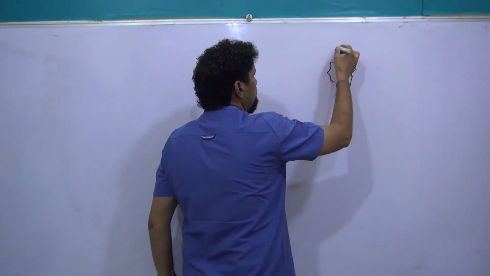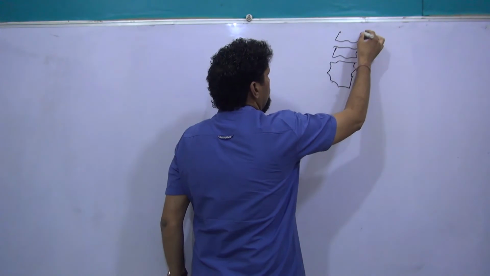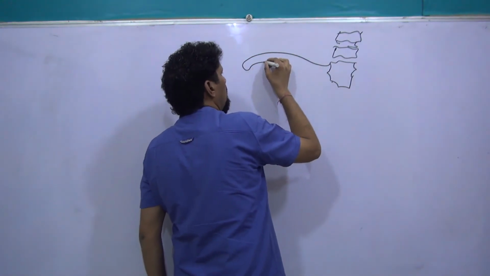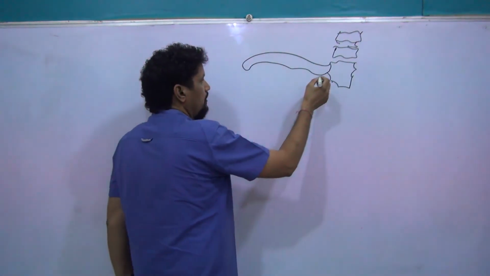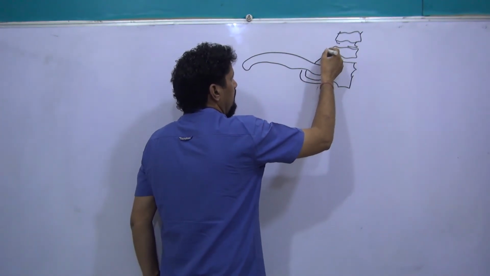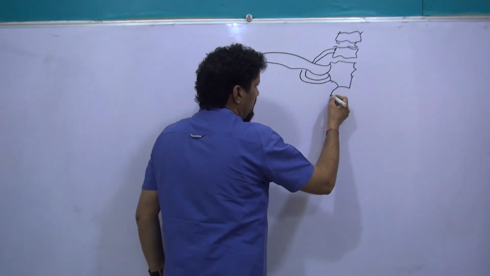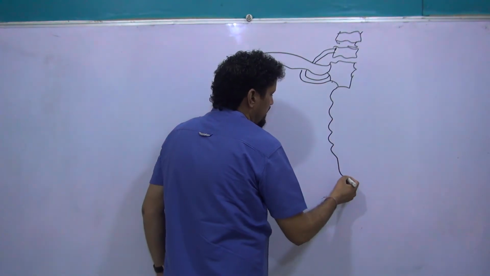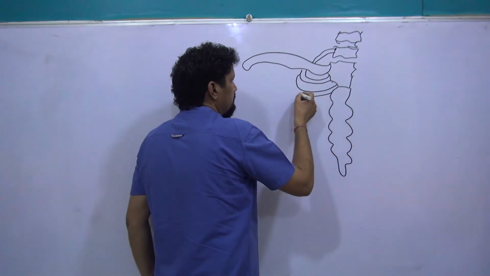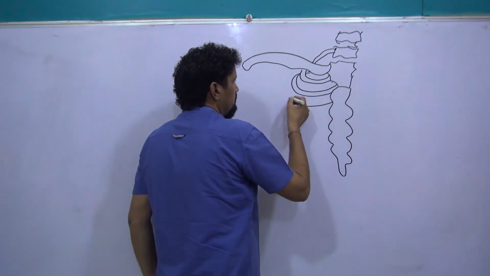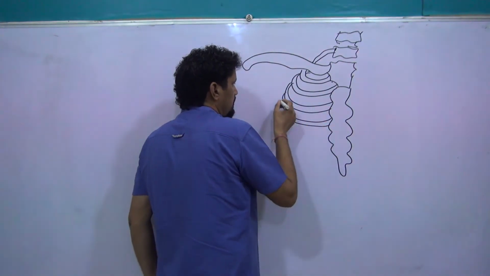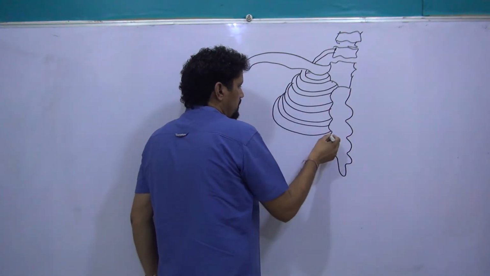Again, the manubrium, the vertebrae, the clavicle, the first rib, and the junction between the manubrium and body of the sternum, which has the second rib, the third, the fourth, and the fifth rib.